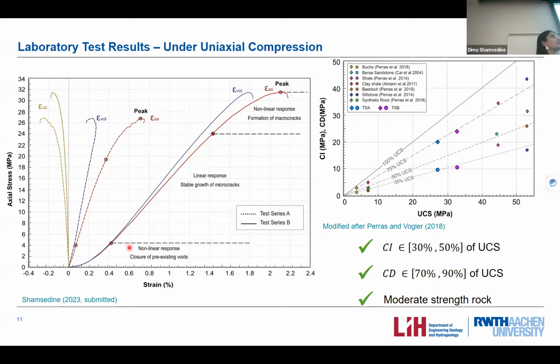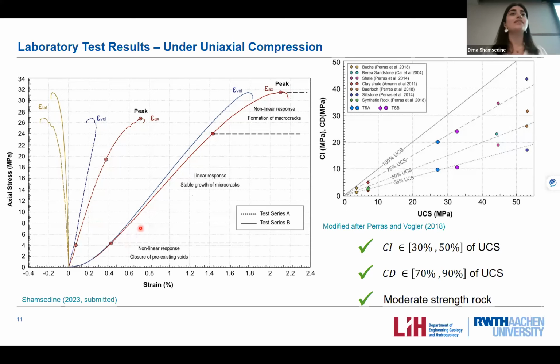It's actually the closure of the existing voids, not the cracks, not the microcracks, because there are no explicitly printed microcracks in the rock. So the closure that happens is due to the closure of the voids upon applying the compression. Exactly.